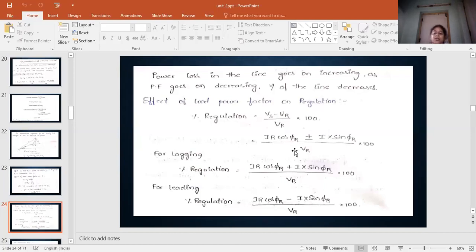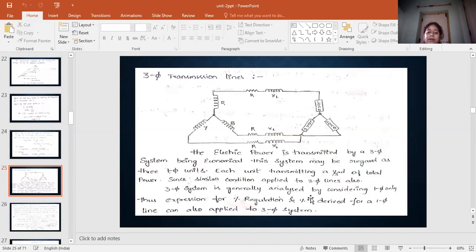Here two conditions occur, plus or minus: plus for lagging and minus for leading power factor. So, IR cos phi r plus IX sin phi r by Vr into 100 for the lagging power factor, and for leading, percentage of regulation is IR cos phi r minus IX sin phi r by Vr into 100.